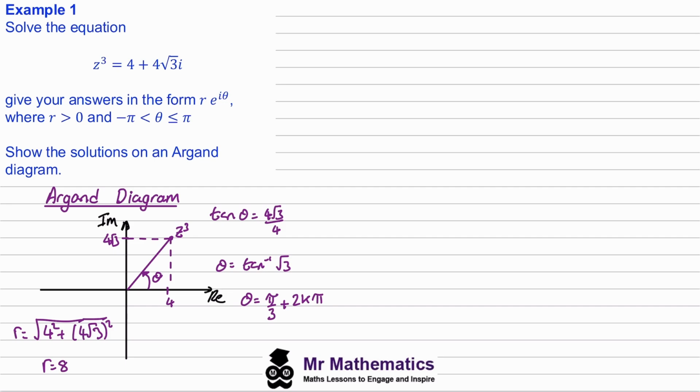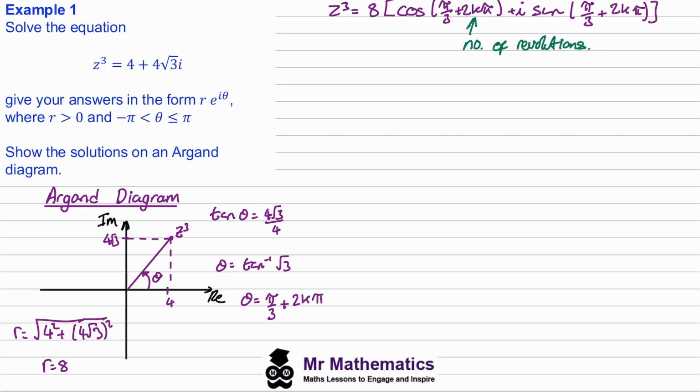So now we can write the complex number z cubed in modulus argument form: the radius of 8 multiplied by cos of the argument, which is pi over 3 plus 2k pi, plus i times the sine of that same argument. And just to be clear, this k is the number of revolutions.